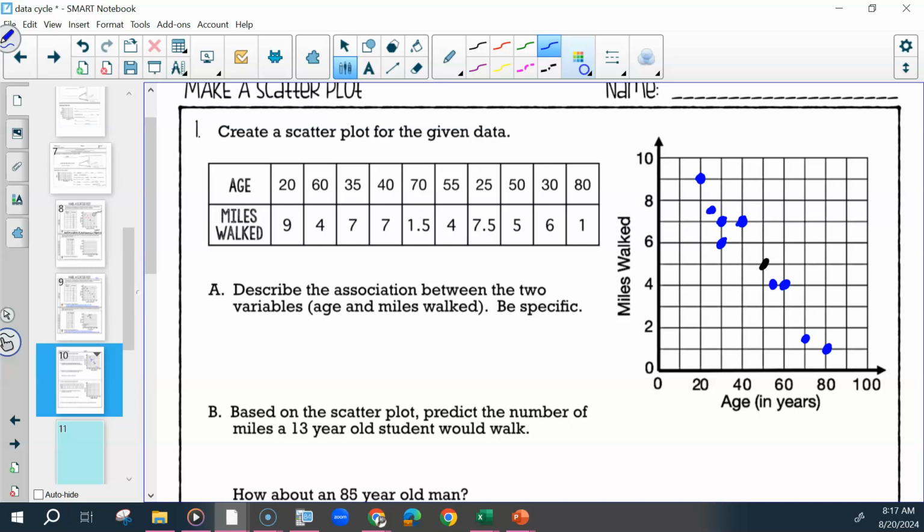So again, we have, well, first let's go in order, sorry. The association between the two.